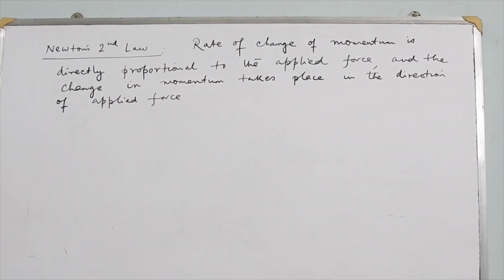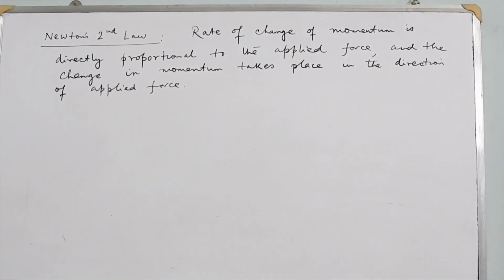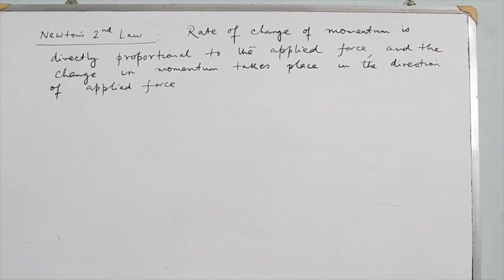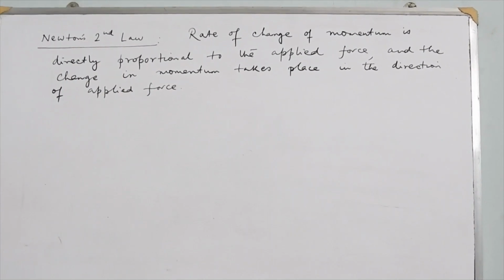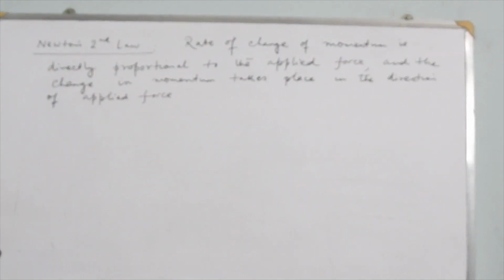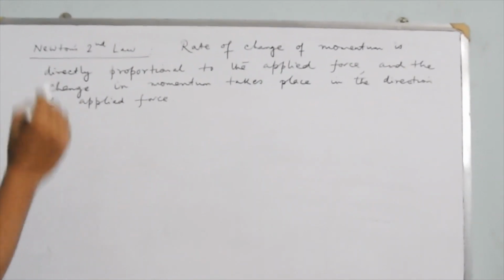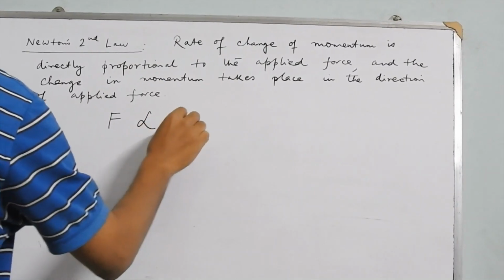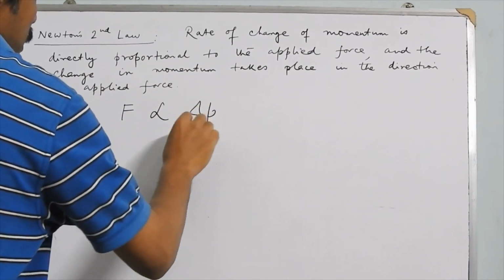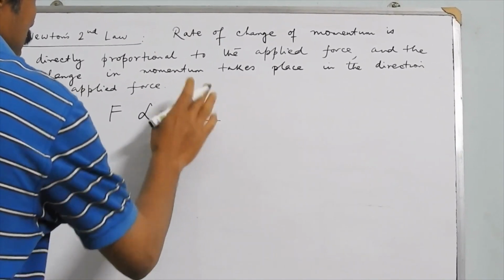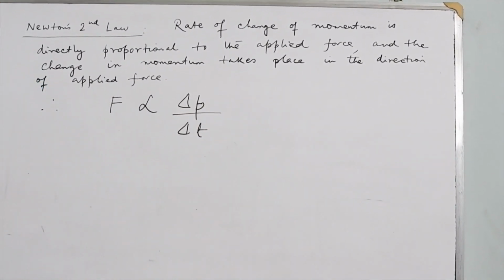So Newton's second law of motion states that the rate of change of momentum is directly proportional to the applied force, and the change in momentum takes place in the direction of the force applied. So you can say that the applied force F is directly proportional to the rate of change of momentum. Rate of change of momentum means change in momentum in a given time interval.